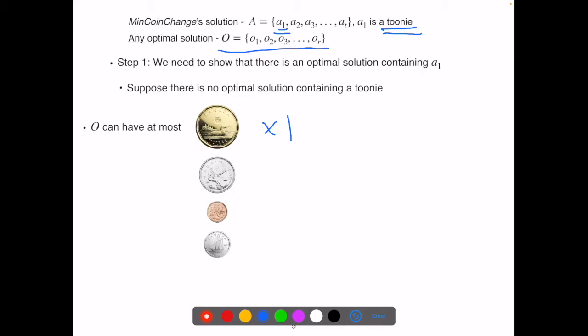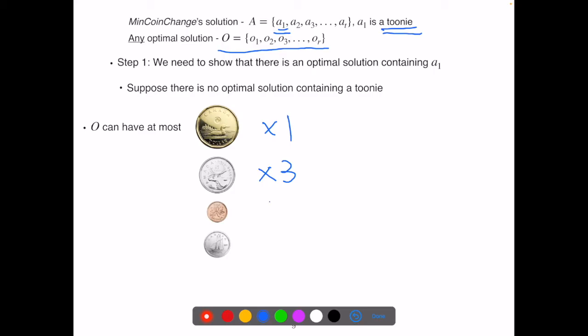So O can have at most 1 loonie. The same idea, O can have at most 3 quarters, because if there are 4 quarters, we can just replace those 4 coins using 1 loonie. Then we'll be able to reduce the number of coins in O. But we know O is optimal, so that's not possible.